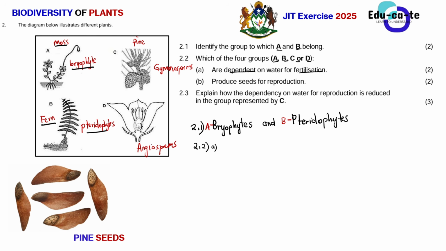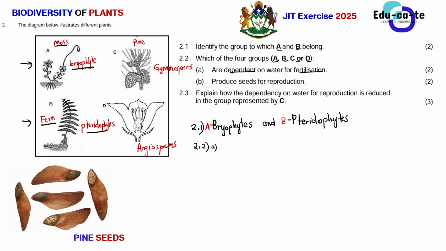Because if you take a normal plant, let's just say maybe maize, if you take a seed of maize and then you plant it in the ground, it will definitely grow on its own. You don't really need water for the fertilization. You only need water for it to grow. So basically the bryophytes and the pteridophytes, those two, they actually require water so that their gametes can be able to fuse so that fertilization can take place.